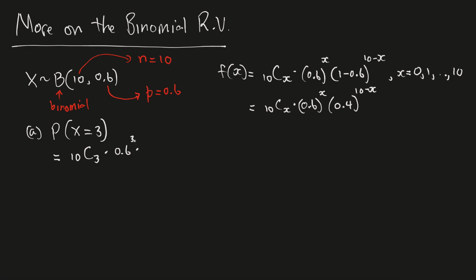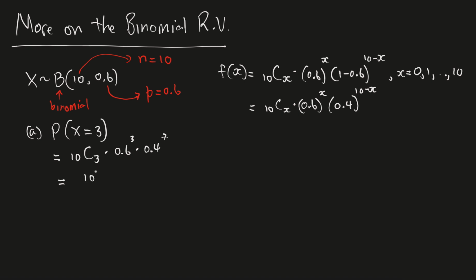And then if 3 of them are successful, that means the remaining 7 of them, which is the 10 minus 3 exponent, will be failures or unsuccessful. So we multiply all these things together and we're going to get our probability. We know how to write down our combination in terms of factorial.